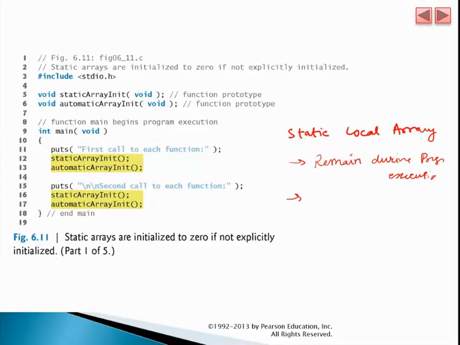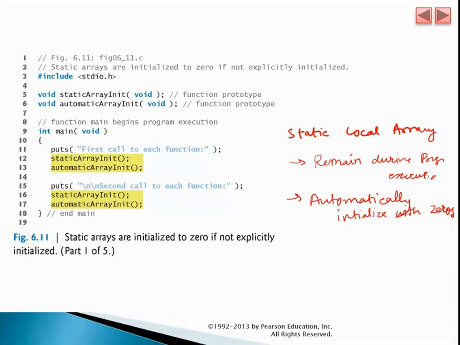The second thing is that it is automatically initialized. There is no need to initialize the static local array. It will be automatically initialized with all zeros. In the case of an automatic local array, if you do not initialize the array, it will print garbage values.